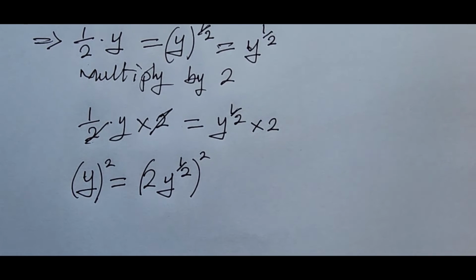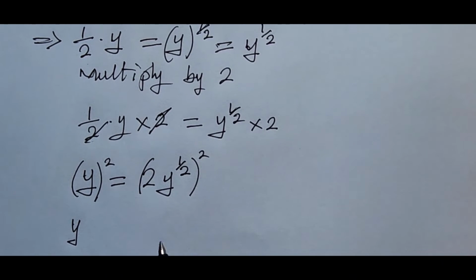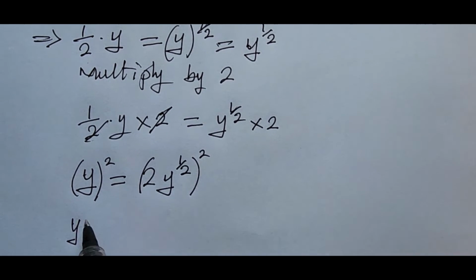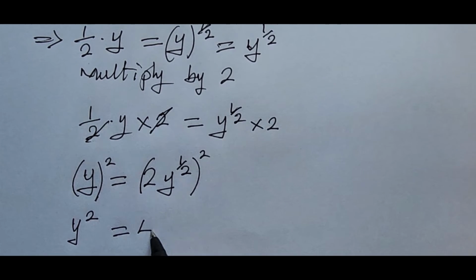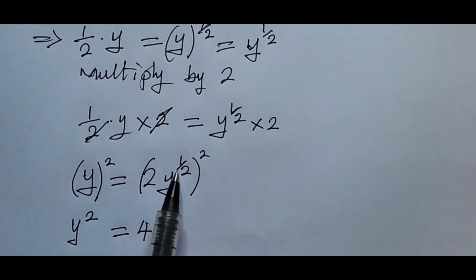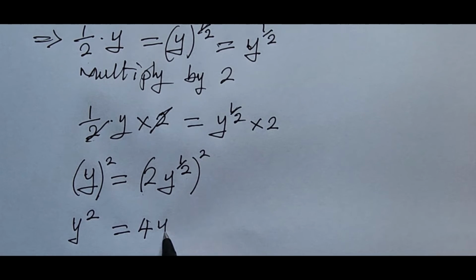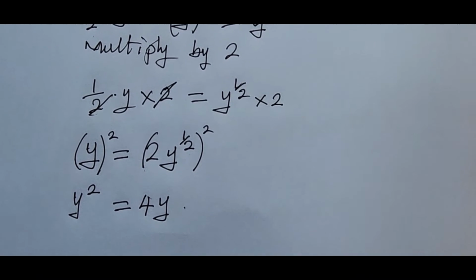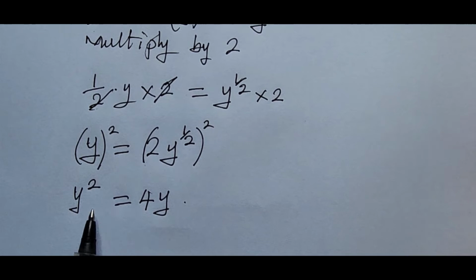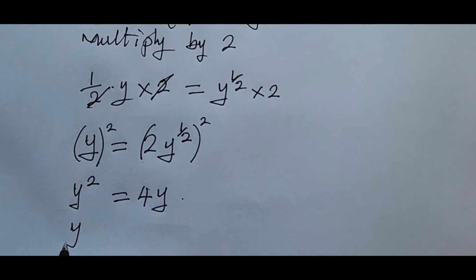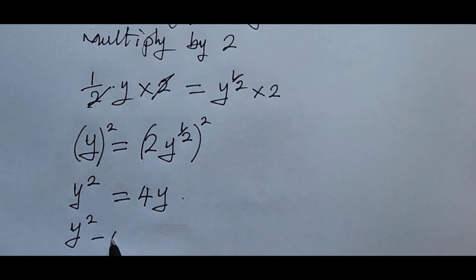The left hand side will give us y to the power of 2, equal to 4, because 2 raised to the power of 2 will give us 4, and 1 over 2 times 2 will give us 1. So we have 4y. Move this 4y to this side to give us y to the power of 2 minus 4y equal to 0.